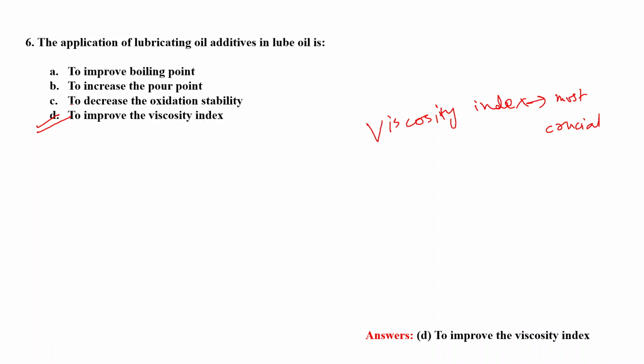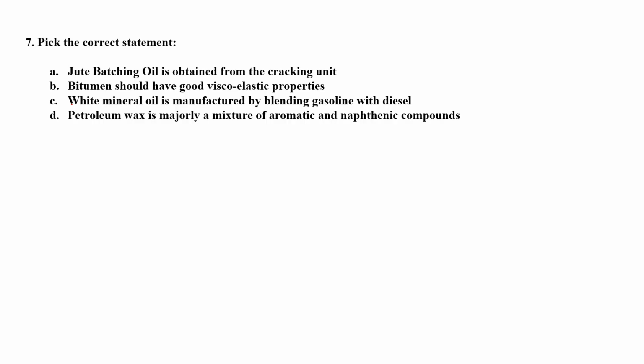Question number 7. Pick the correct statement. First option: jute batching oil is obtained from the cracking unit.